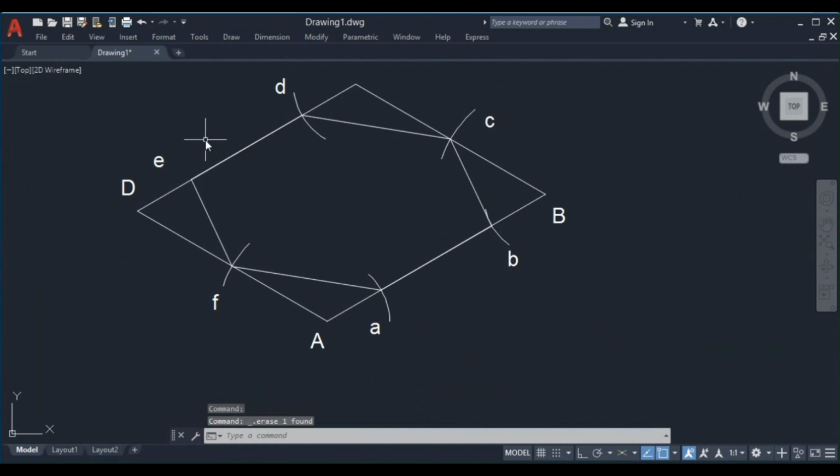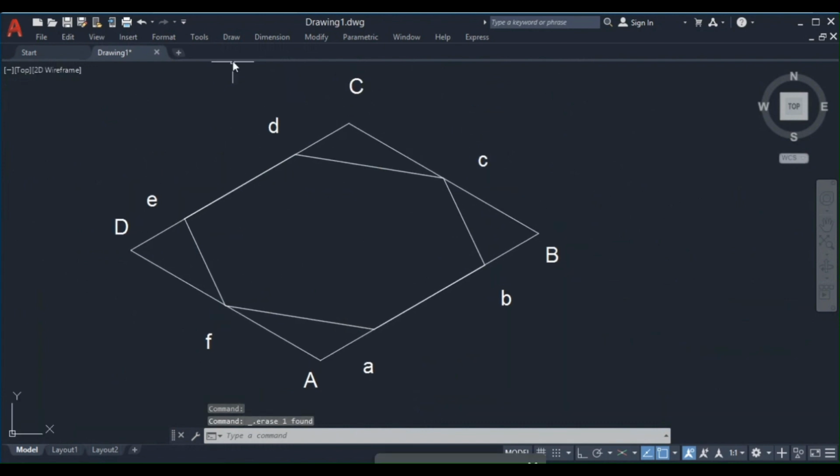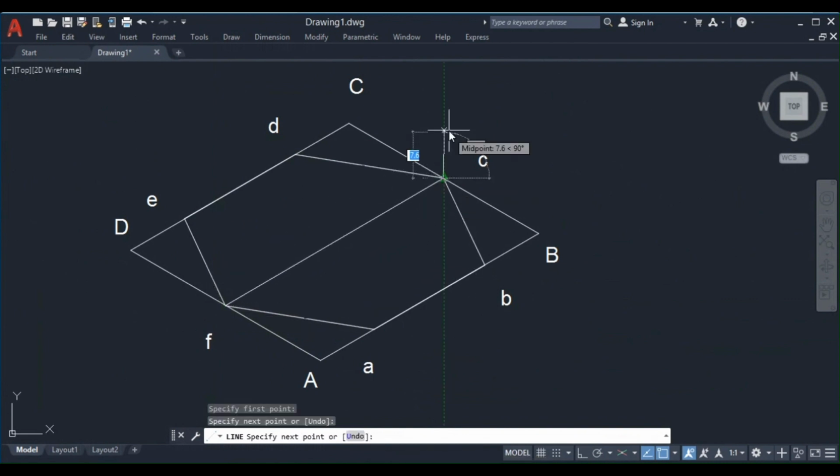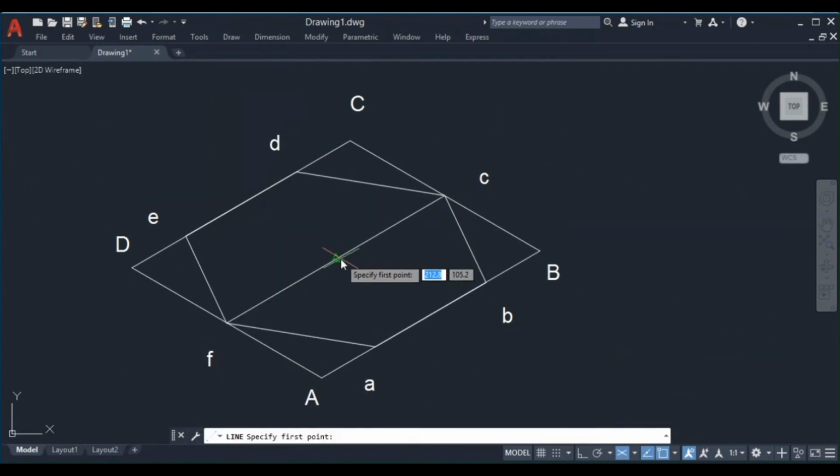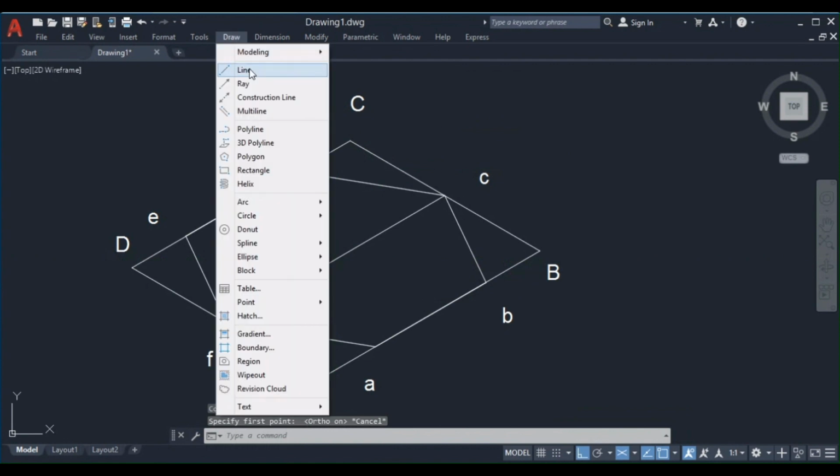Now remove the arcs for understanding purpose. First join this diagonal to identify the center. So what is the axis height? 60 mm. 60 mm.